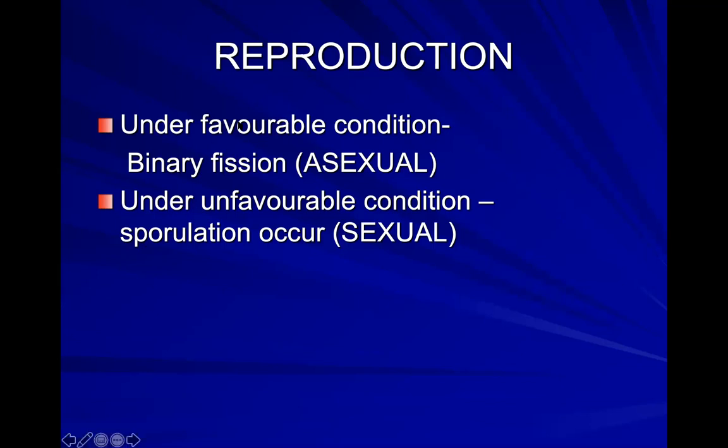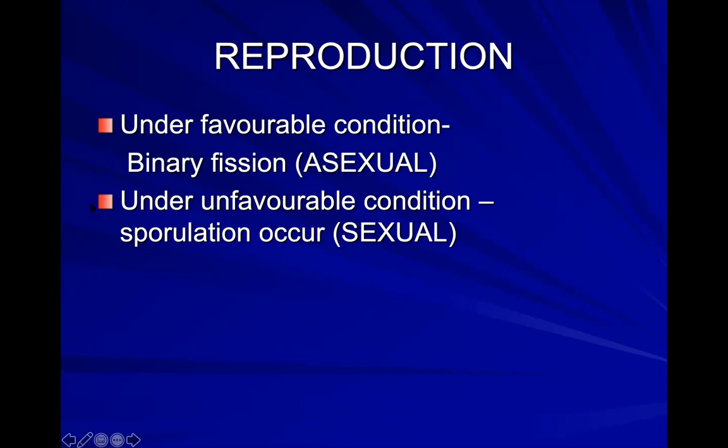You might be wondering what kind of condition is favorable. For example, a favorable condition is like a good day when there is sunshine, there is enough water, and the humidity is stable.